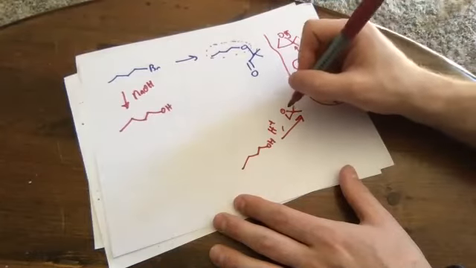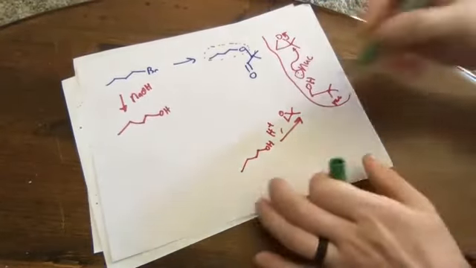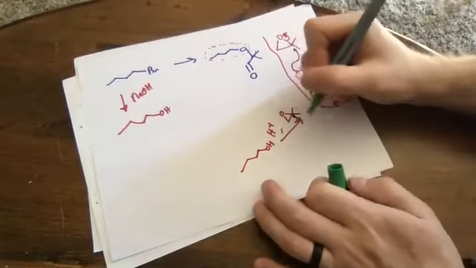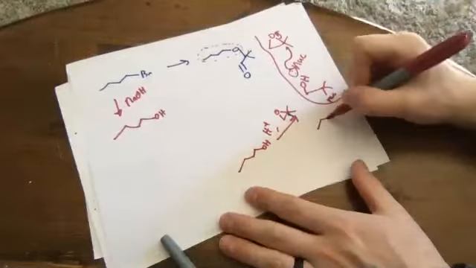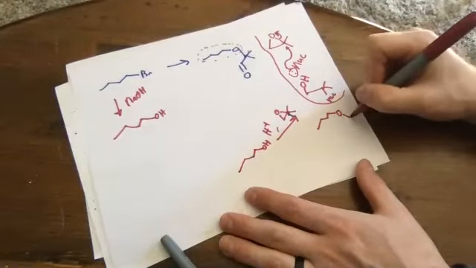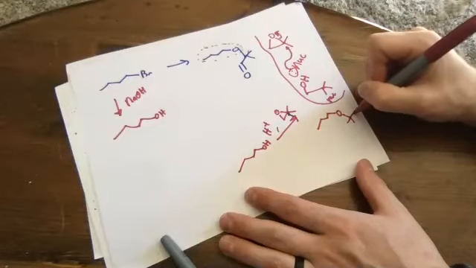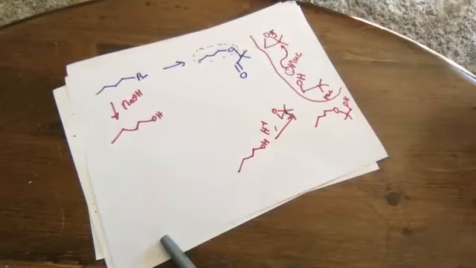So H+ is going to make you open on your more substituted center. We would get this alcohol.